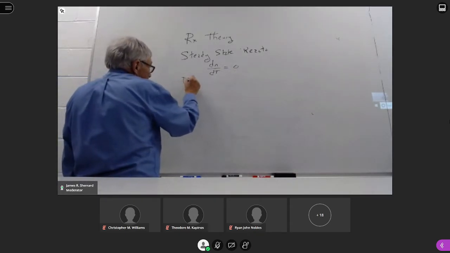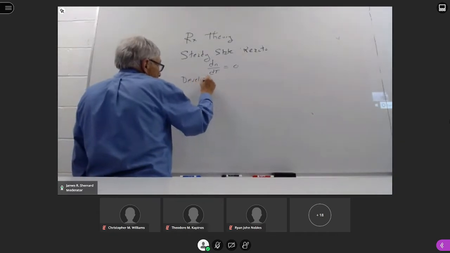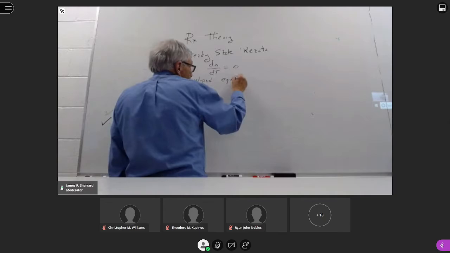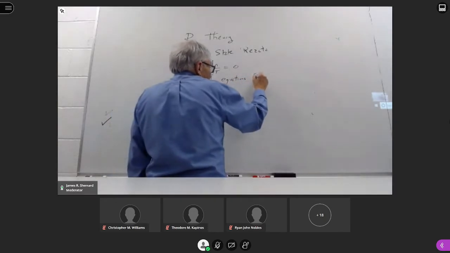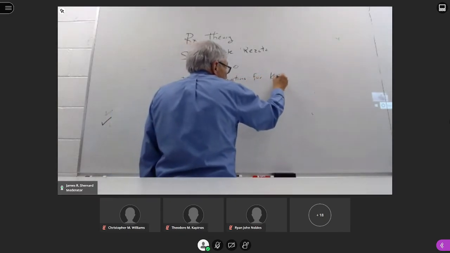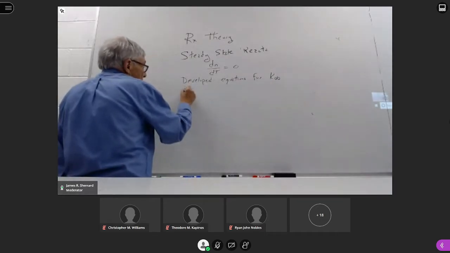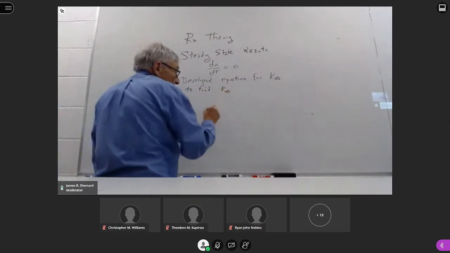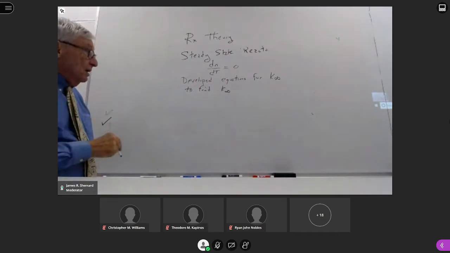We developed equations for K infinity to find K infinity.